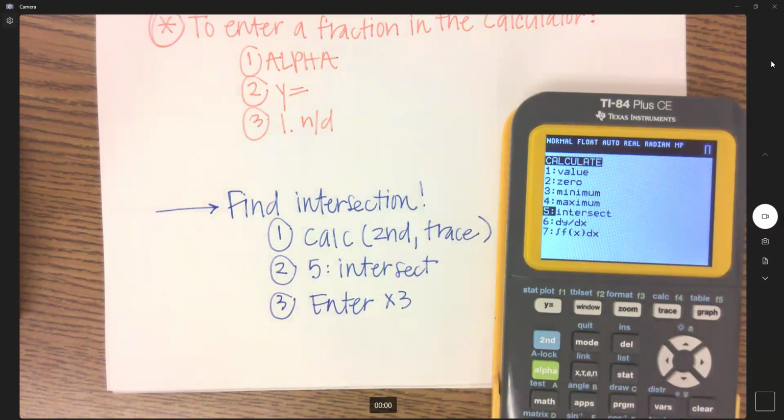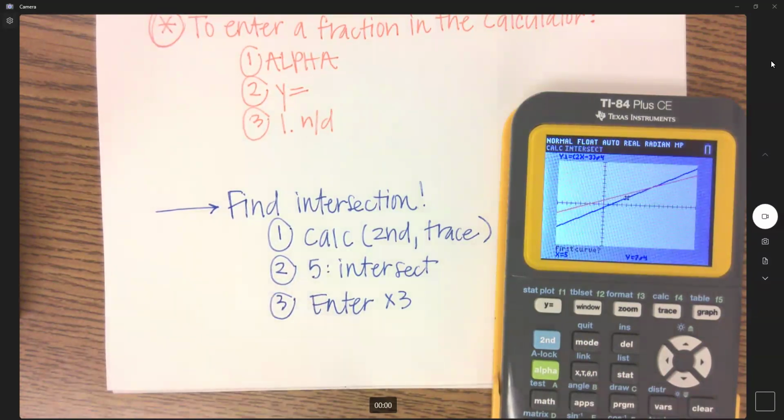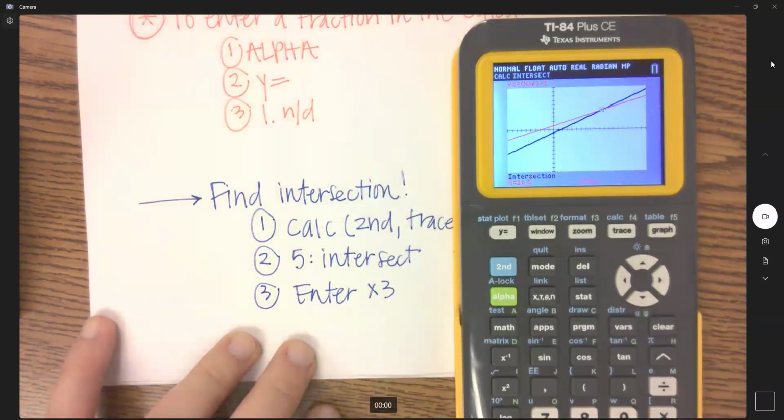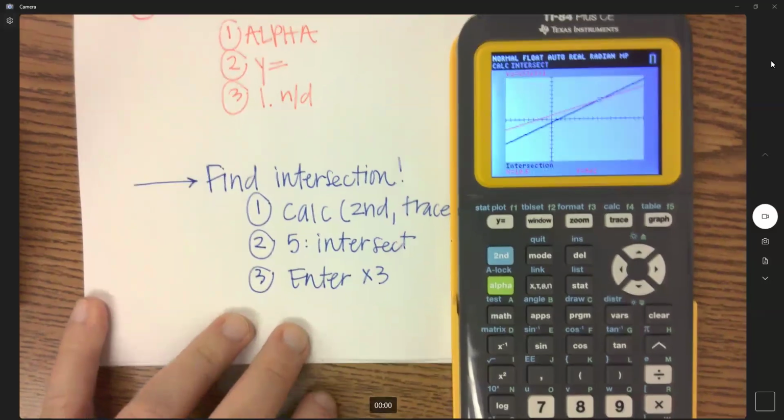So number 5 intersect. We either arrow down or just press 5 and then hit enter 3 times because there's only one intersection and only 2 lines. I'm on the first curve, enter. I'm on the second curve, enter. Always enter through guess. And there is my intersection point. A little bit more clear.